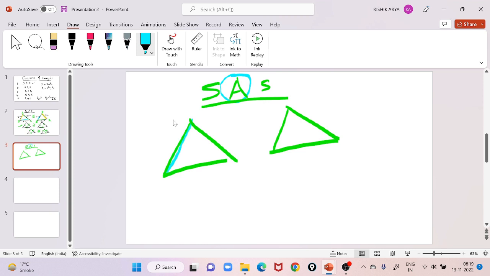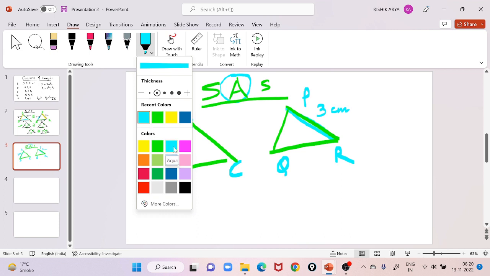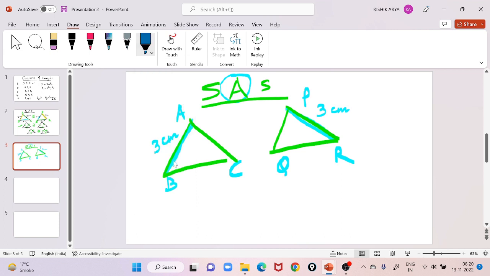If this is triangle ABC and this is triangle PQR, then AB length is equal to PR length. Both lengths, for example, I am taking both as 3 centimeter. Now let us take another side, BC. BC length is equal to PQ length. Let us suppose this is 4 centimeter, this is also 4 centimeter.